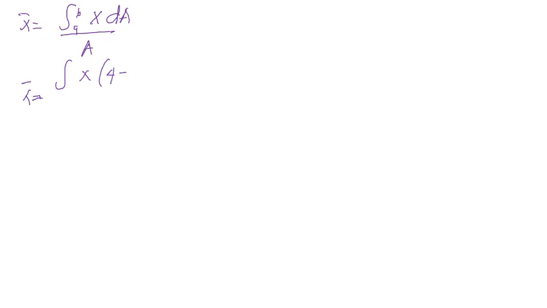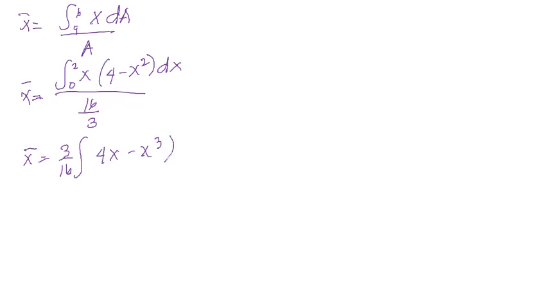That's 4 minus x squared times dx from 0 to 2 all over your a was 16 all over 3. So we could solve for the x bar now. X bar is equal to 3 all over 16 integration of 4x minus x cubed times dx from 0 to 2.